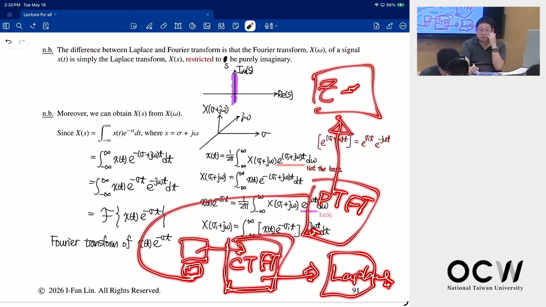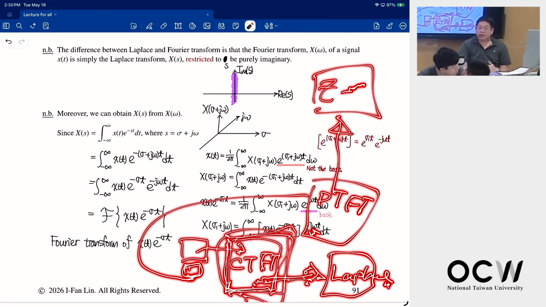So overall in this course, this semester, we did the Fourier transform, and we can extend it to the continuous time Fourier transform, and I can extend it to the Laplace transform. If I only focus on the frequency, then we use the Fourier transform. But if I want to see more, then we use the Laplace transform.